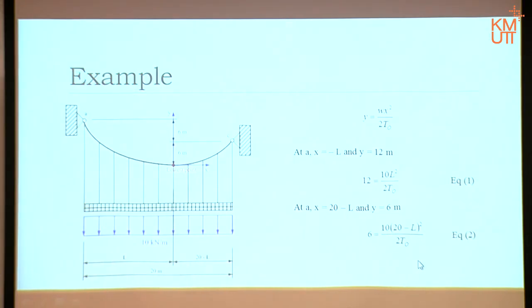Now you have two equations and two unknowns. One unknown is T naught, T origin. The other unknown is L. In this form, apparently eliminating T origin is easier.